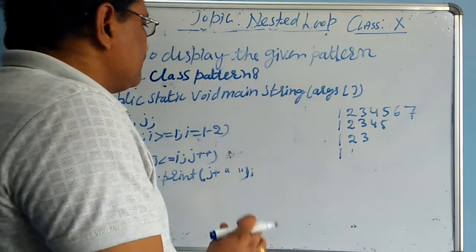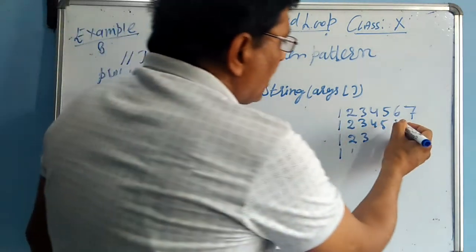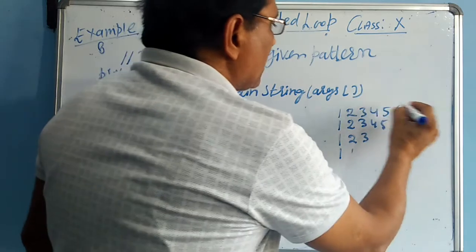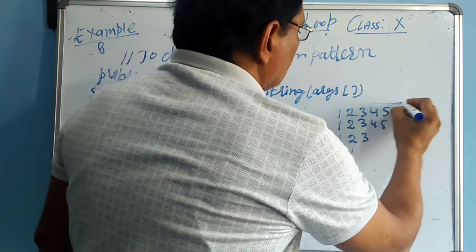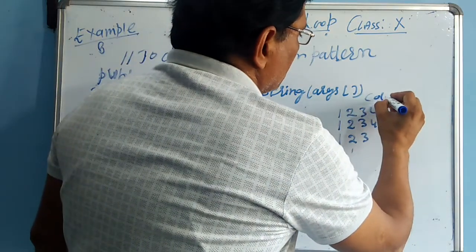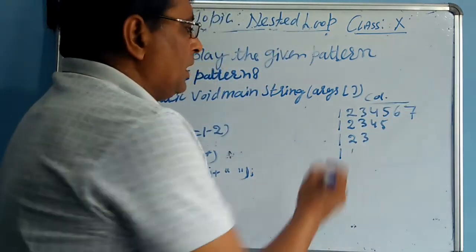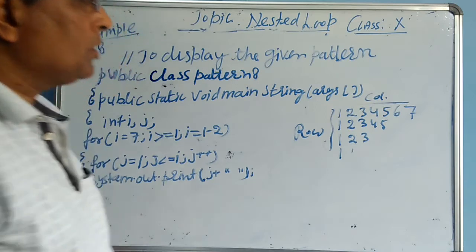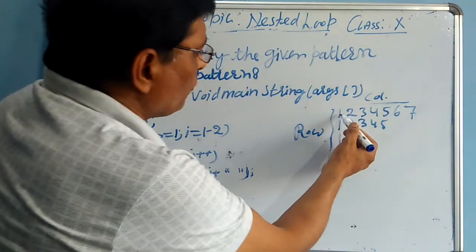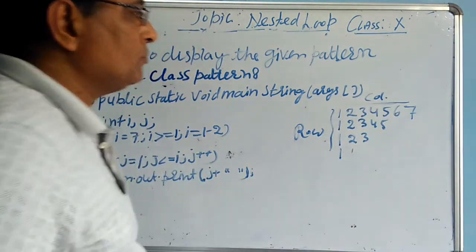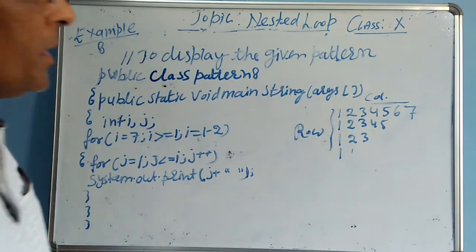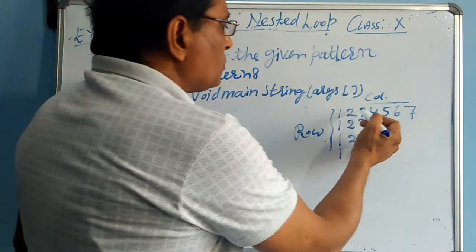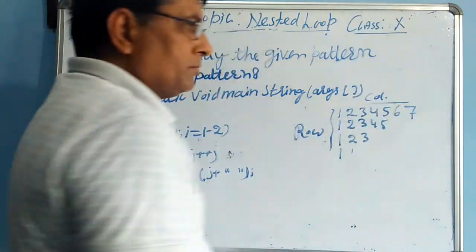First of all, we will see how many columns. These are the columns, and these are the rows. How many rows? 1, 2, 3, 4. And how many columns? 1, 2, 3, 4, 5, 6, 7.